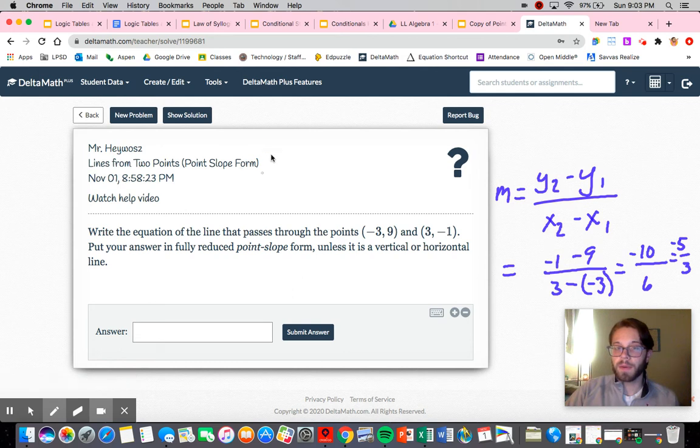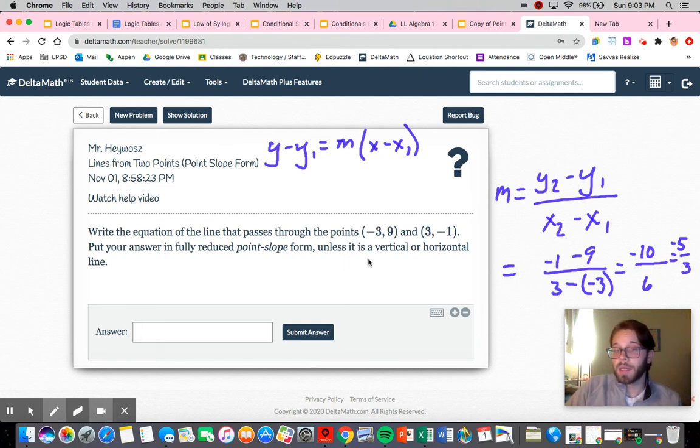So now we're going to plug it into our point slope form. And again, to make sure we're clear, that is the form that we are dealing with. When we're plugging these in for y1 and x1, it doesn't matter which point. Once again, it really doesn't matter.